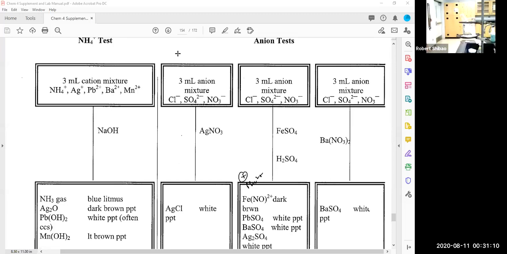So that's 3 squirts, about 3 milliliters of unknown B.